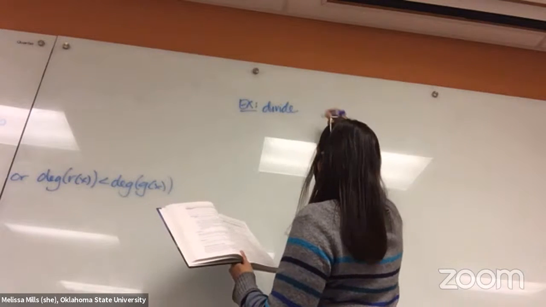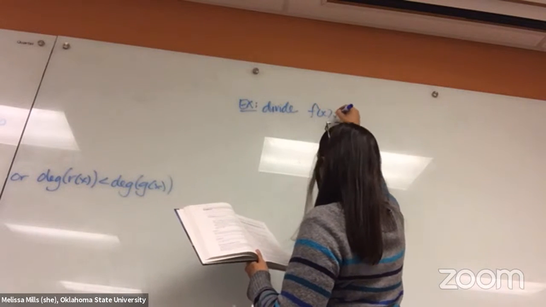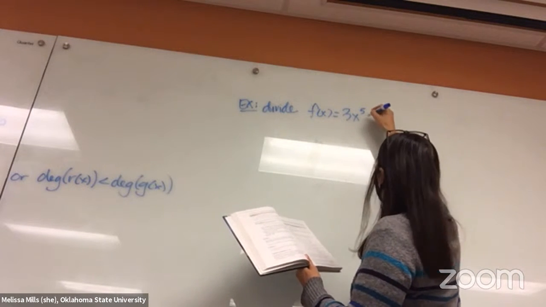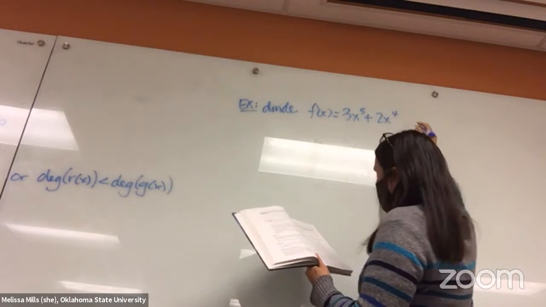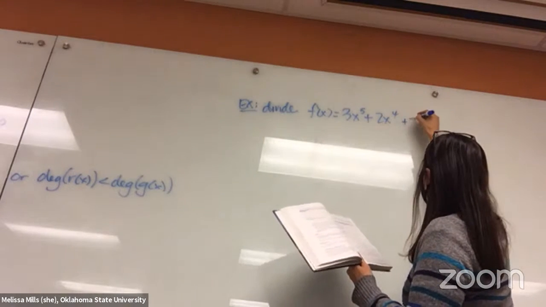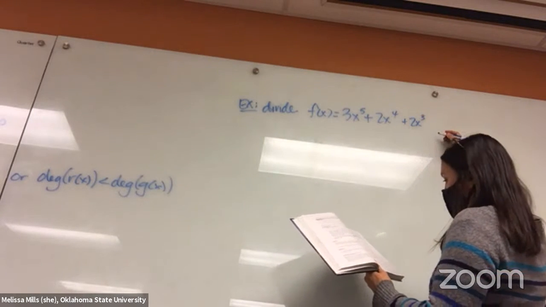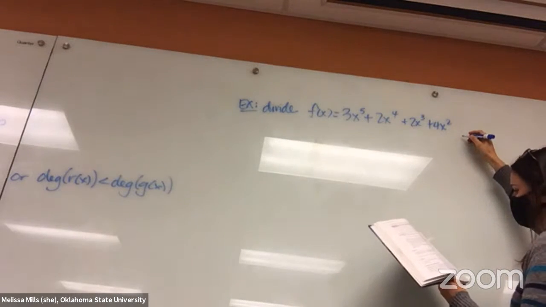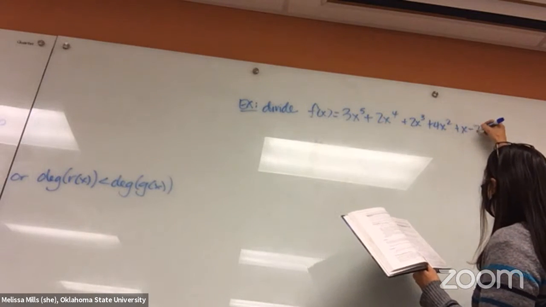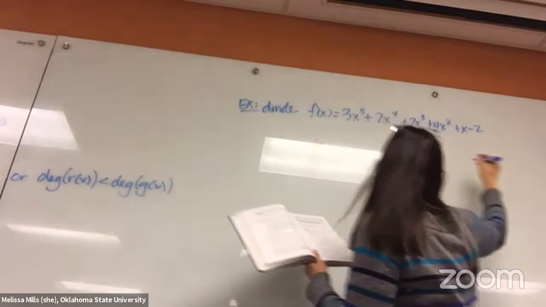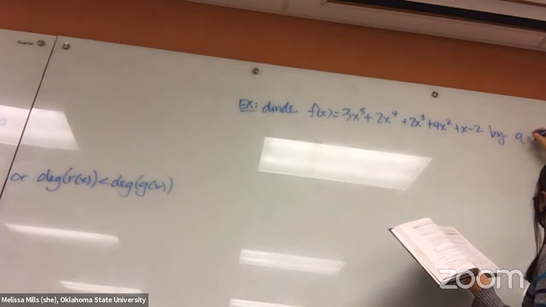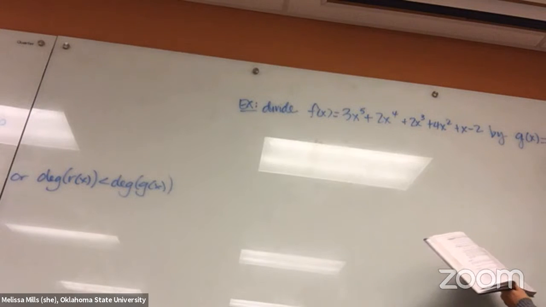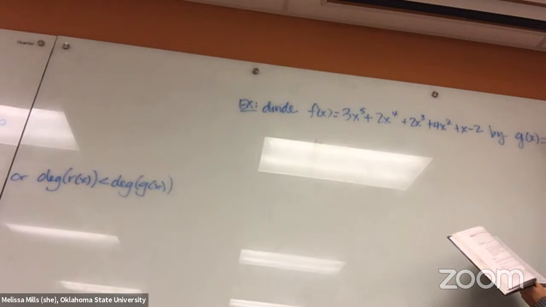We're going to divide f of x, which is equal to 3x to the 5th plus 2x to the 4th plus 2x cubed plus 4x squared plus x minus 2 by g of x, which is equal to 2x cubed plus 1.